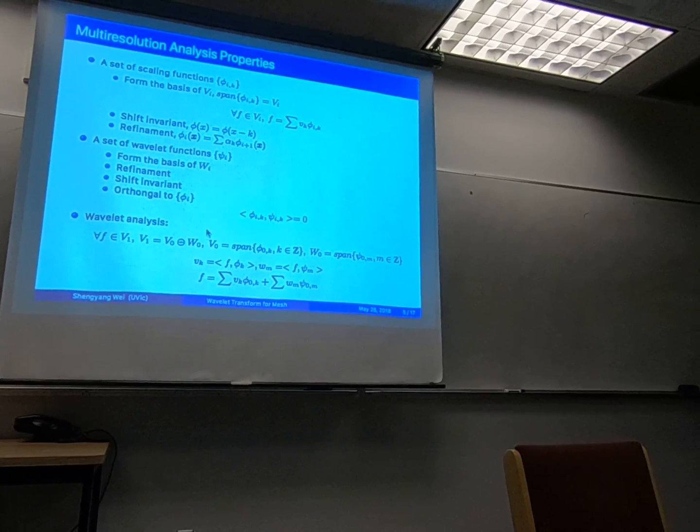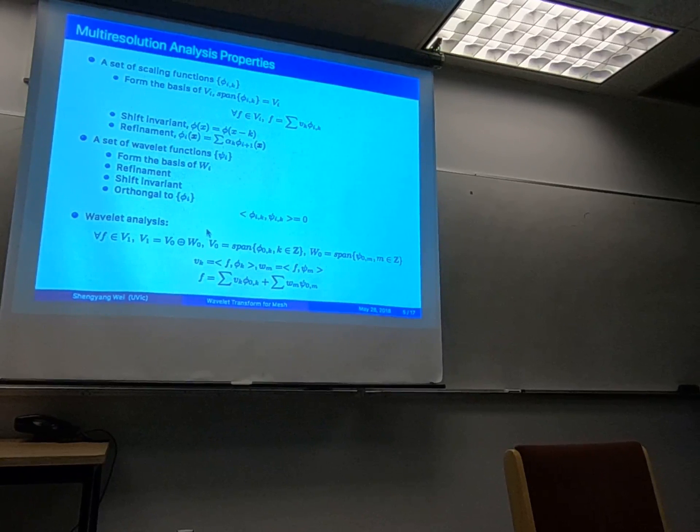The scaling functions should be shift invariant, which means when we shift the scaling function, it has the same shape. And the scaling function should be refinable. That means a scaling function of a lower resolution space can be represented by a linear combination of the scaling functions in a higher resolution space.